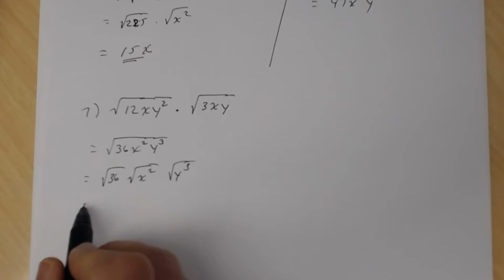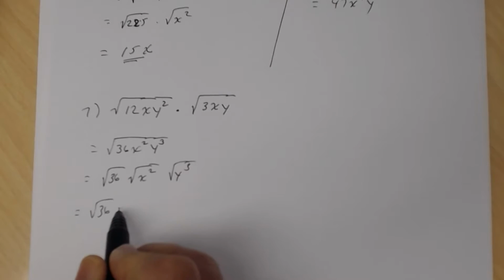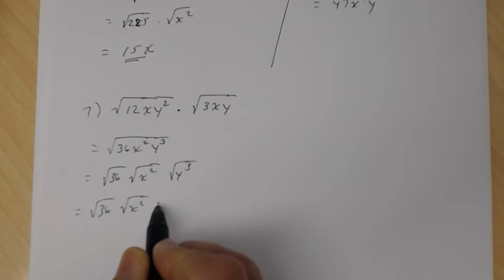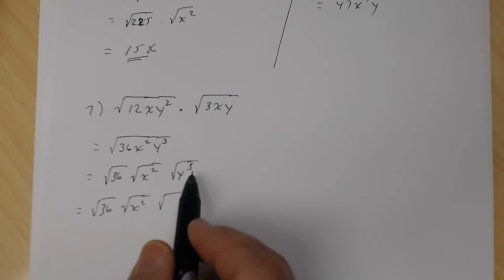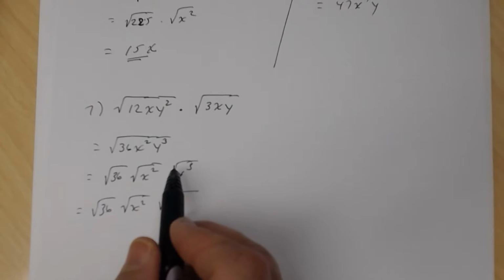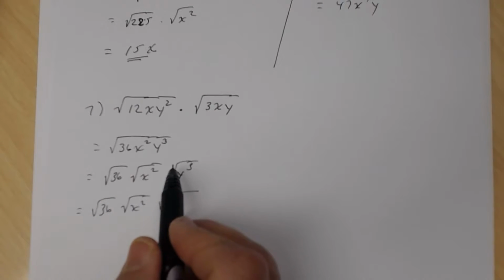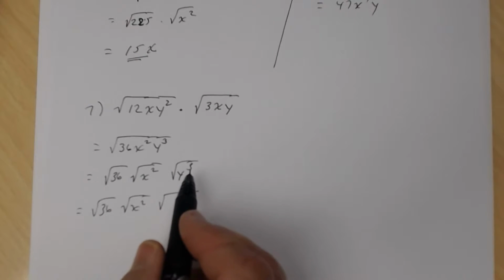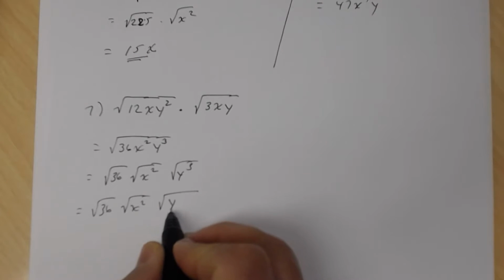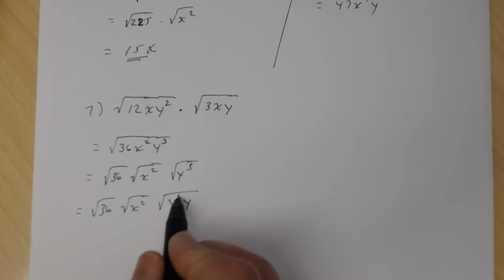So let's rewrite it. In the previous lesson we asked ourselves, what's the largest exponent that 2 goes into that's less than 3? So you'd say y squared times y, because y times y is y cubed.